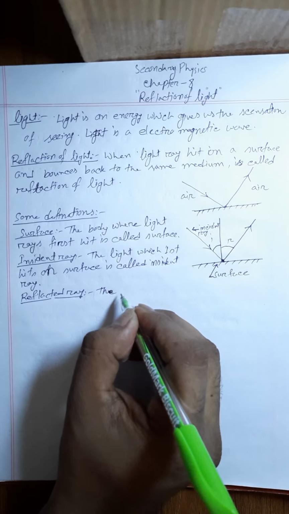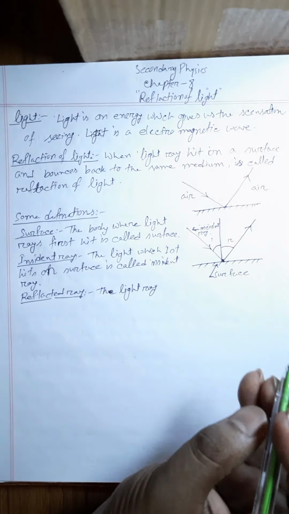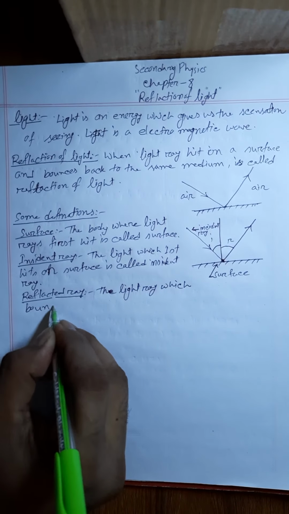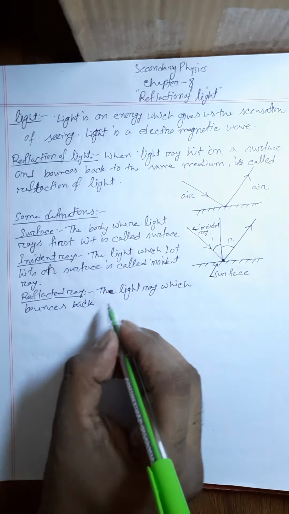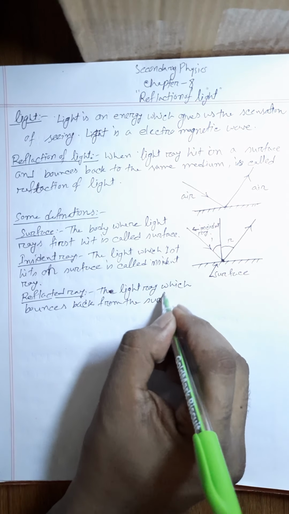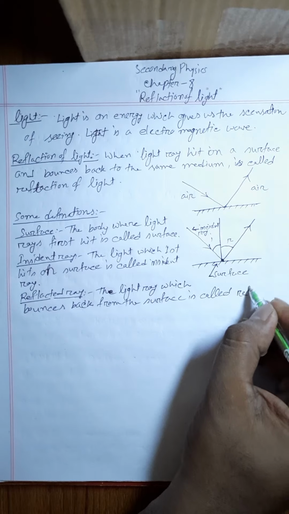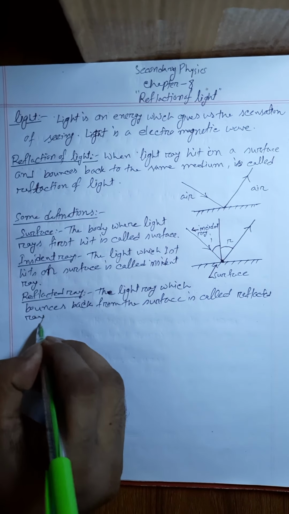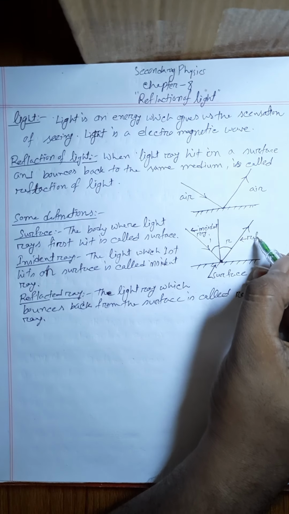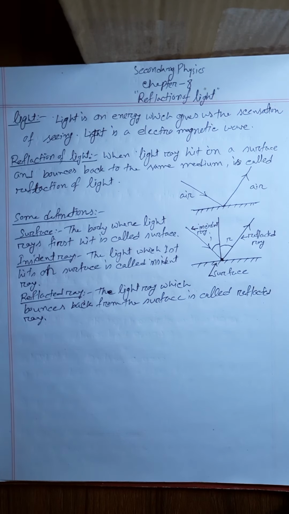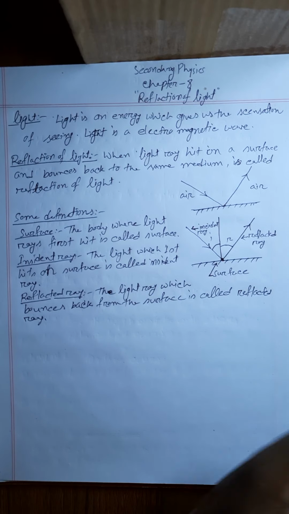The light ray which bounces back from the surface is called the reflected ray. Okay, then incident point.